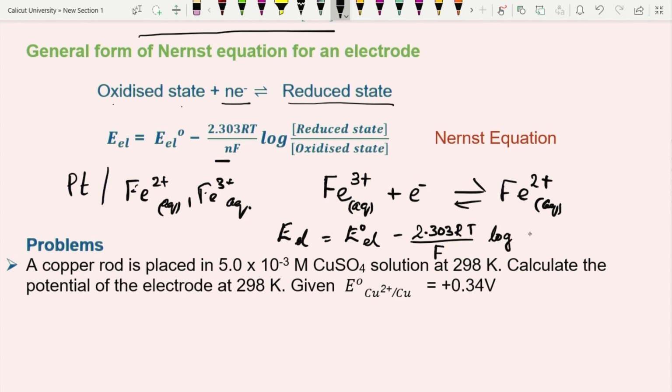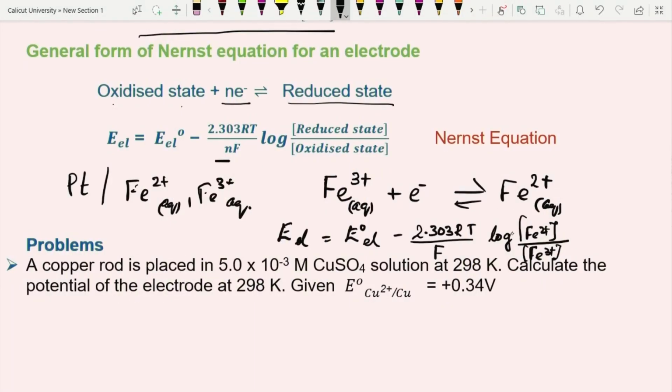Here the product is the Fe2+ ion, so you take the molar concentration of Fe2+ divided by the molar concentration of Fe3+. In the first case, when I took the metal, you got only the metal ion in the denominator. Here, both the products as well as the reactants are ions, and therefore both are involved in the Nernst equation.